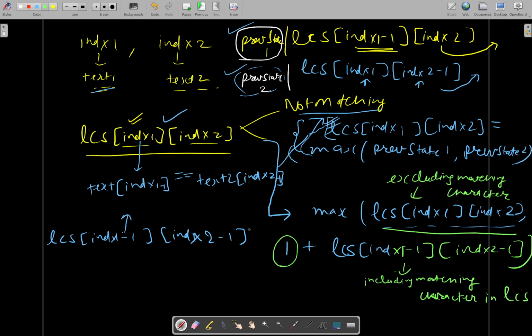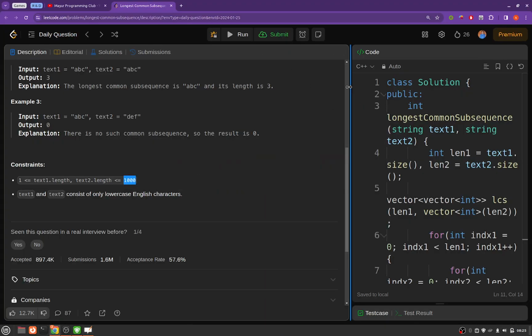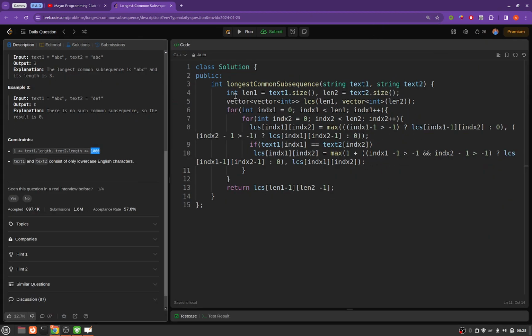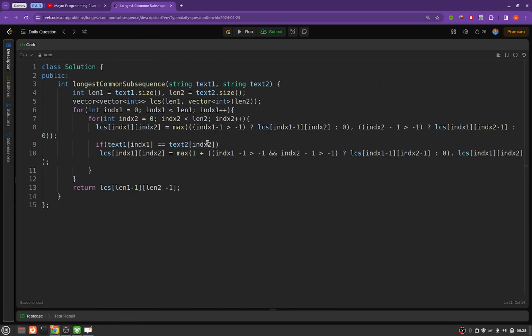So it seems like we have a transition equation. Let me show you what the transition equation will be and how I will be implementing this solution. So this is the transition equation. There will be two different cases.